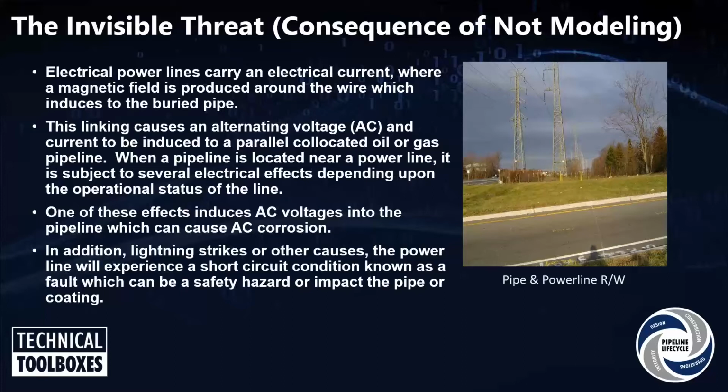And the power line could experience a short circuit or a fault or an episodic upset or an interrupter going off, which can cause an impact on the pipe or the coating. So when you have these episodic upsets occurring, and you're in proximity to those towers, which have grounds, and you're only a few feet away, you've got a problem. So these are the kind of things that we're faced with on a day-to-day basis. Next slide, please.